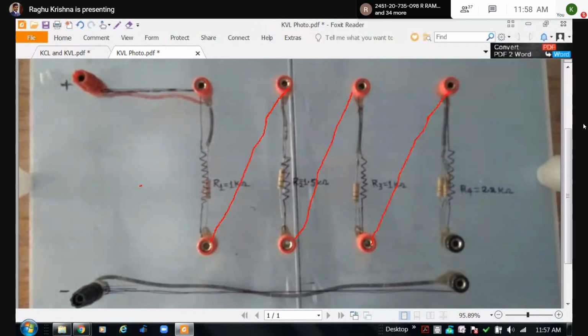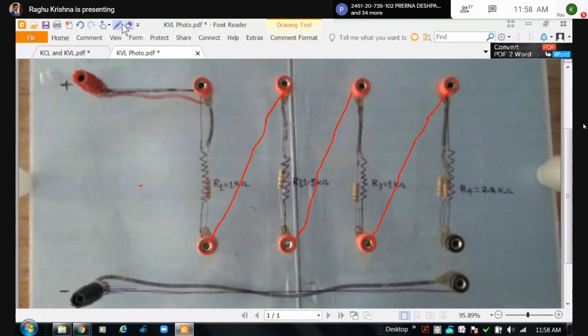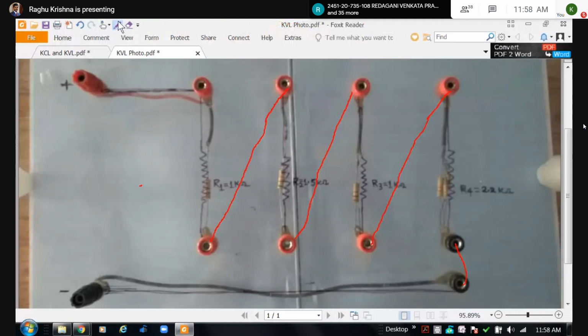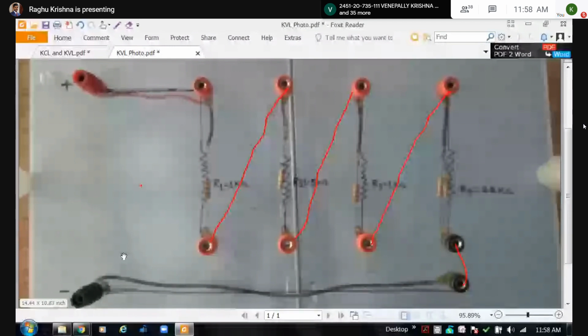Instead of giving a direct connection, we can simplify by using this point. We have to connect these 2 points by a connecting wire. This black wire is already connected to the negative terminal. This is about the circuit connections. Here we require series connected resistors so that it forms a loop.